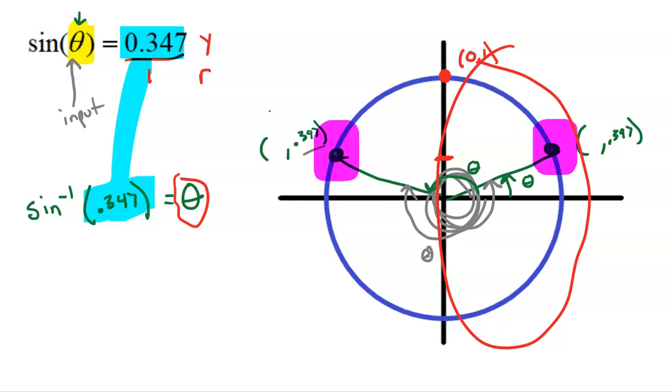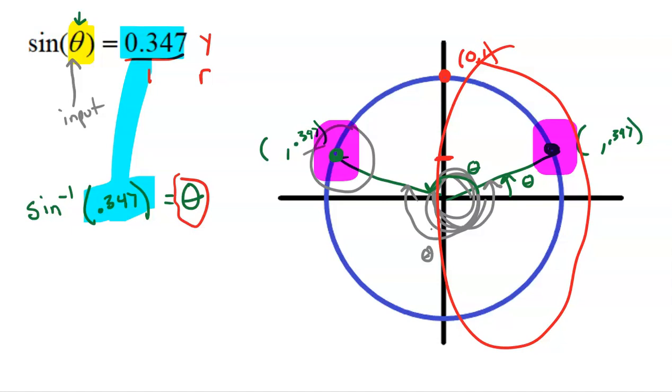Every y value on the right-hand side is positive if you're in quadrant 1, negative if you're in quadrant 4. So it takes this value right here that was a repeat. It also had the same output value of 0.347, and it eliminates it from even being possible, because that would be a second answer for theta, and I'm not allowed second answers when it comes to functions.